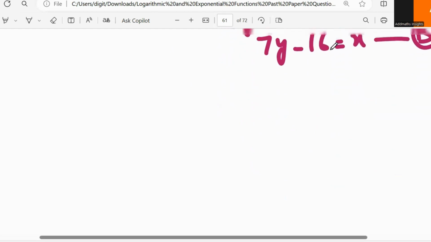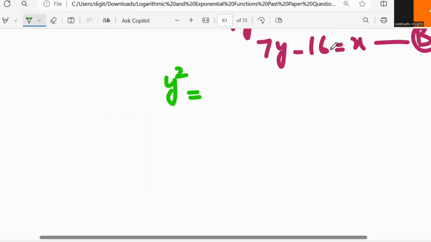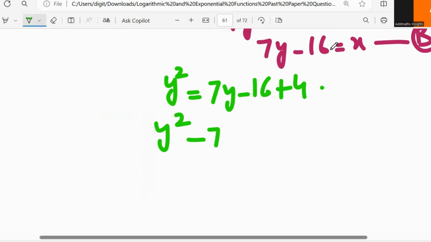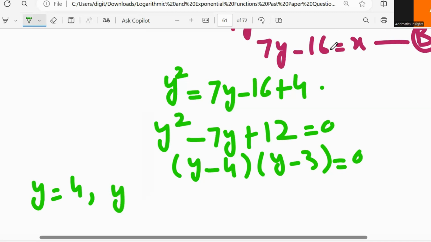So you can write y squared is equal to 7y - 16 + 4. Then you can write y squared - 7y + 12 is 0. Then you can apply factorization and write (y - 4)(y - 3) is 0. It means that y is either 4 or y is 3.